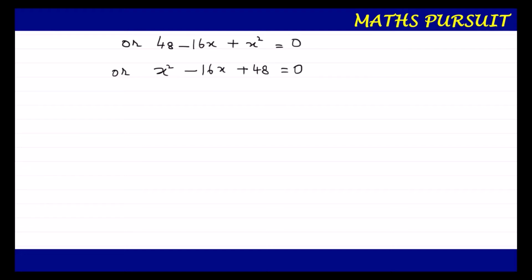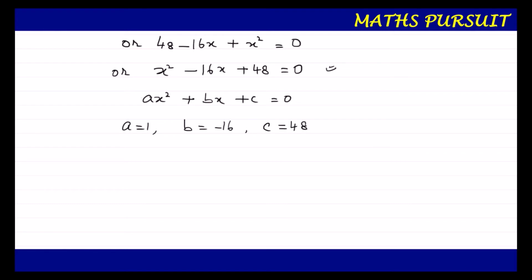Now let us compare this equation x to the power 2 minus 16x plus 48 is equal to 0 with the quadratic equation identity, which is ax to the power 2 plus bx plus c is equal to 0. If we compare, we will see that the value of a is equal to 1, the value of b is equal to minus 16, and the value of c is equal to 48.